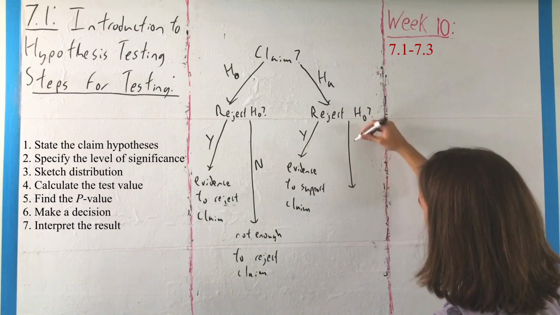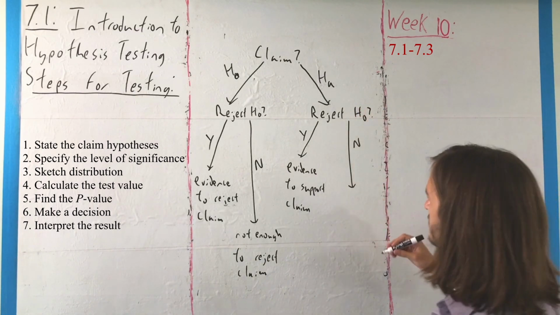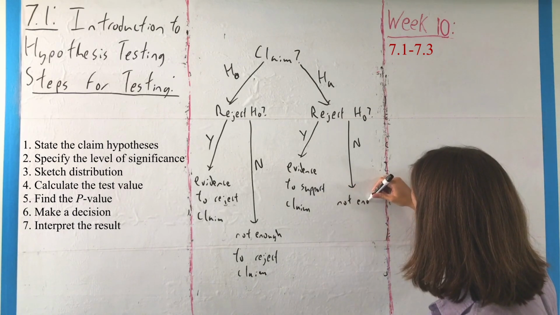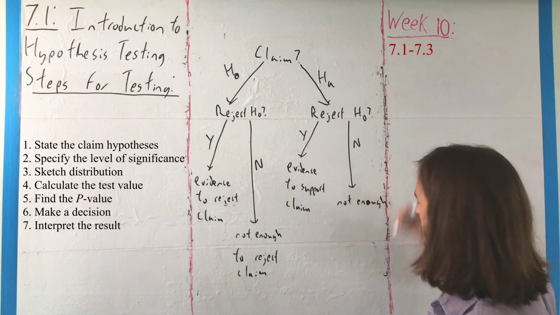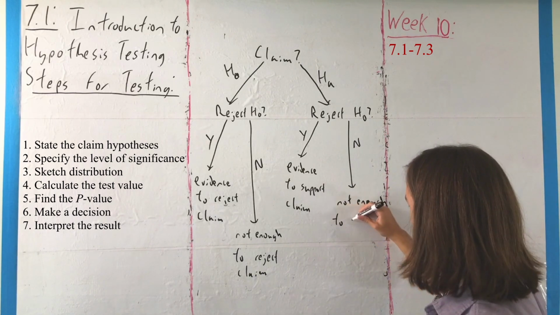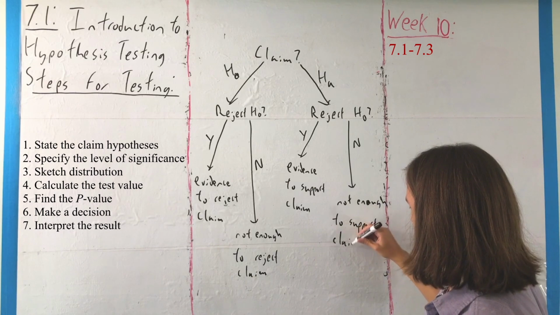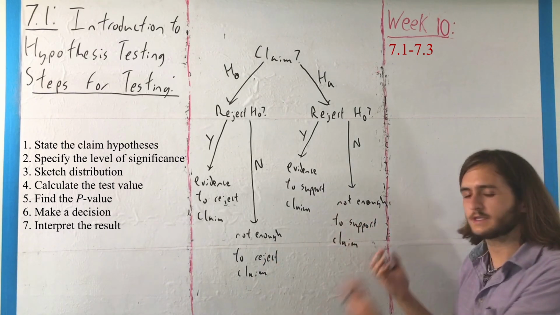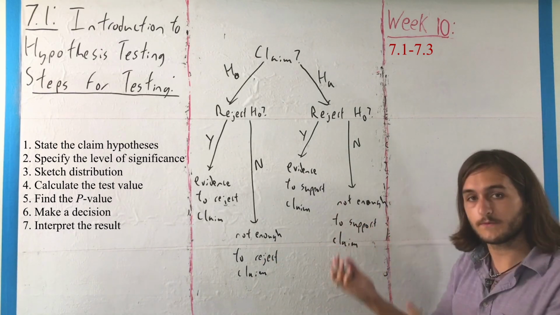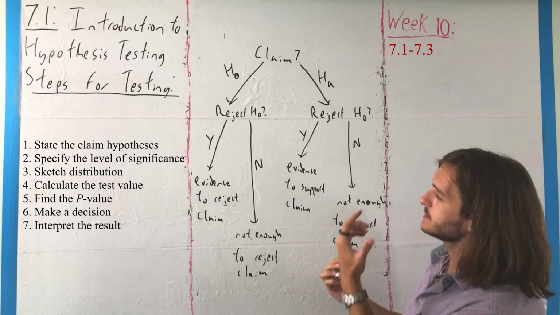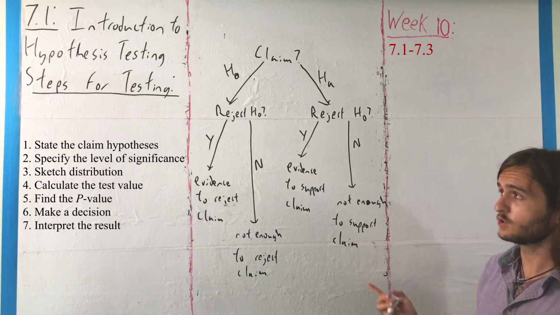And then on the other hand, our final option, if you don't reject the null, then similarly you have not enough evidence, but in this case it's not enough to support the claim. And exactly how you word this, again, there's room for variation depending on what language you want to use, what language you're given, but this is fundamentally the set of choices.